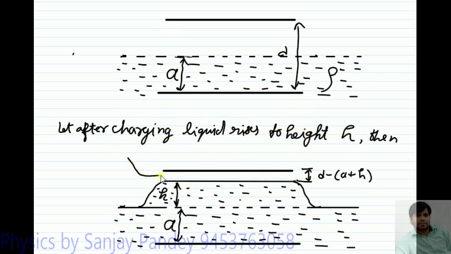One capacitor is this vacuum part, suppose it is C air, and the other capacitor is this part filled with liquid. Suppose the capacitance of this part is C dielectric.